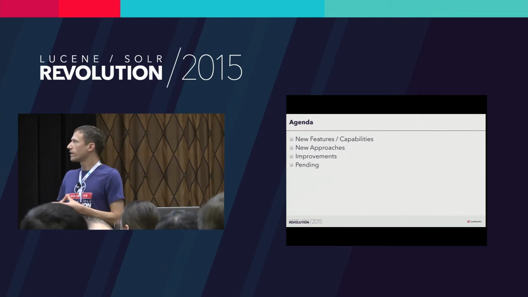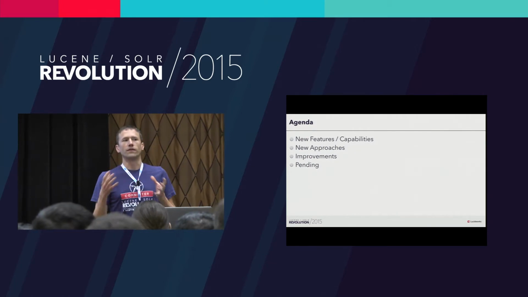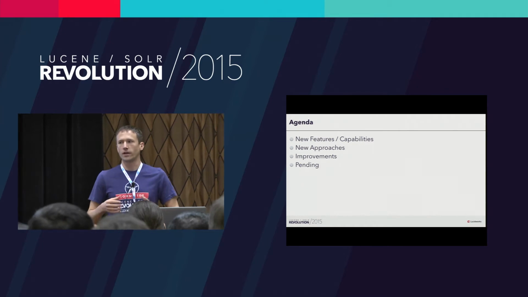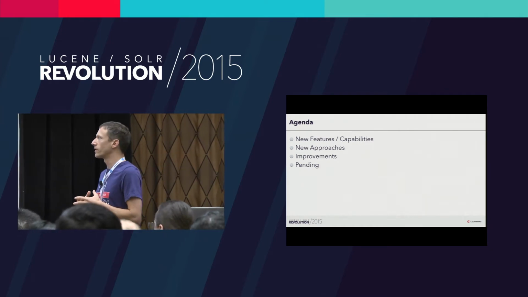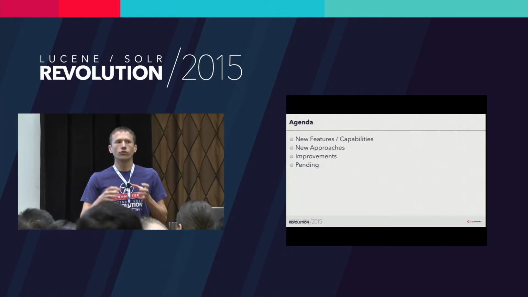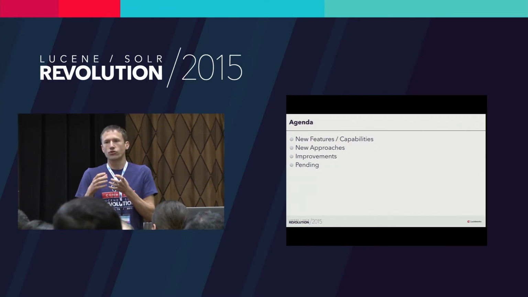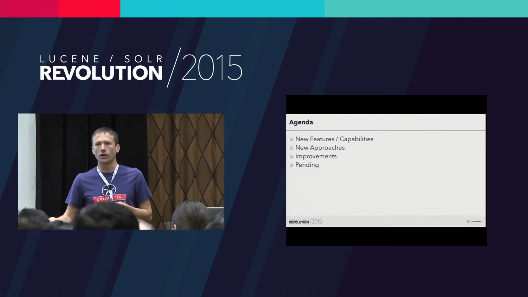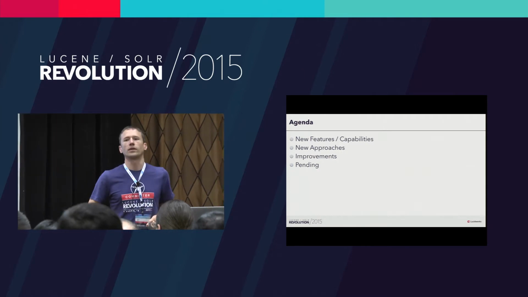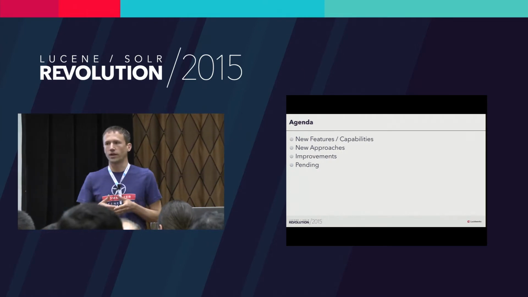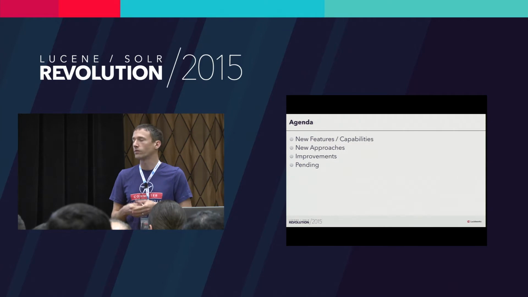As I looked at all the stuff going on in 2015, there's a lot going on. So I organized this presentation in terms of what are new features and capabilities, something you can do now that you could not do before, or at least not without custom code, which doesn't really count, because you have to address what the platform doesn't provide. So what can you do new?